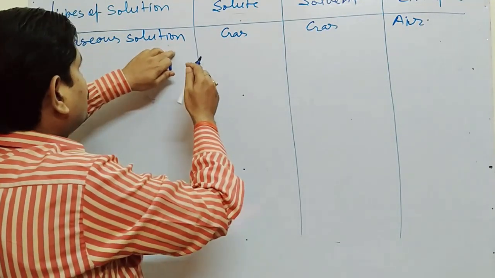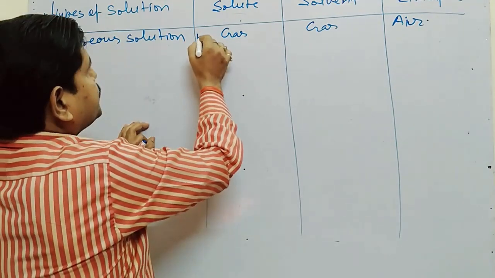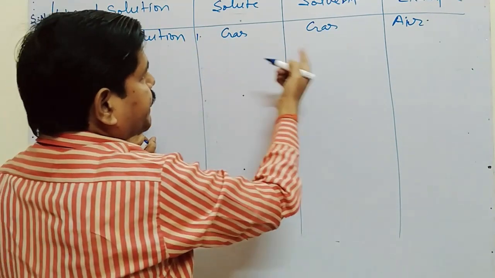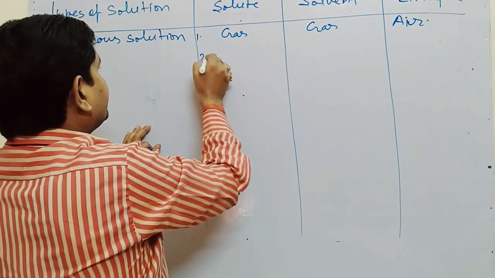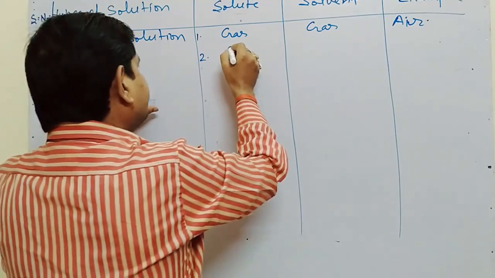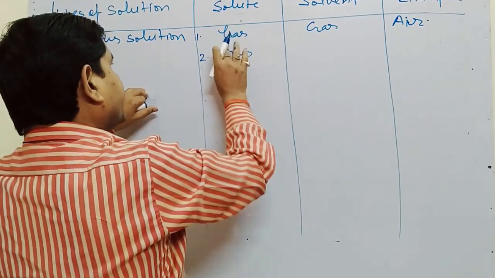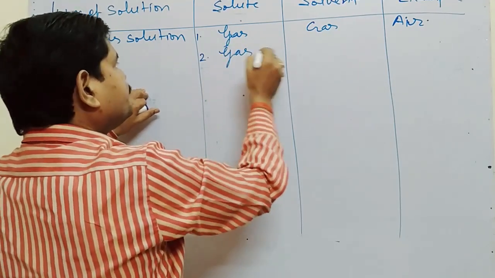It is also divided in three subdivisions. The first is gas in gas, and the second is gas in liquid.